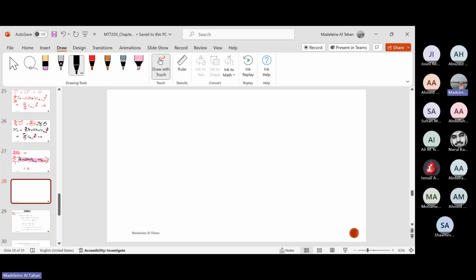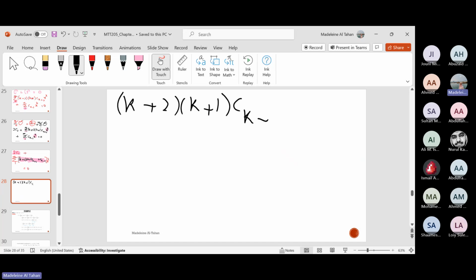So we got here (k+2)(k+1)c_{k+2} + c_{k-1} = 0, and 2c2 = 0.